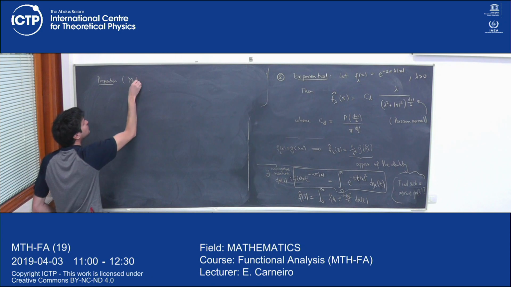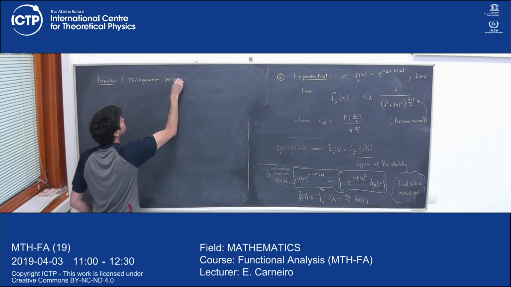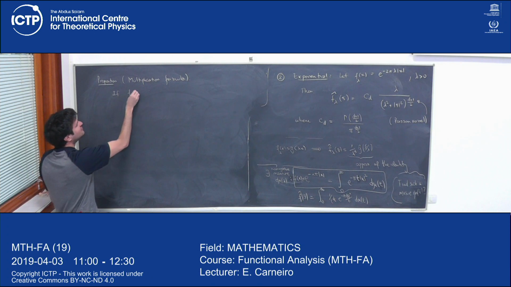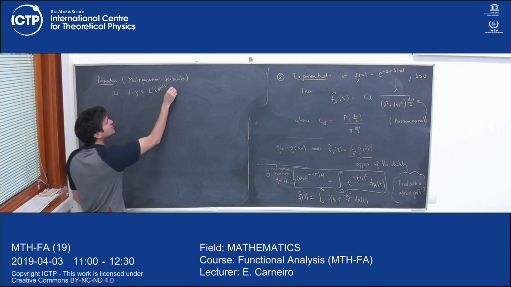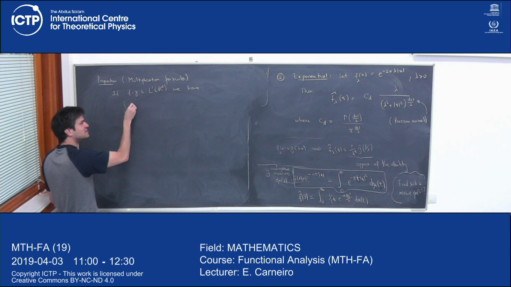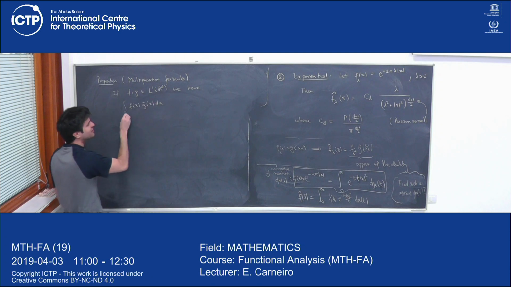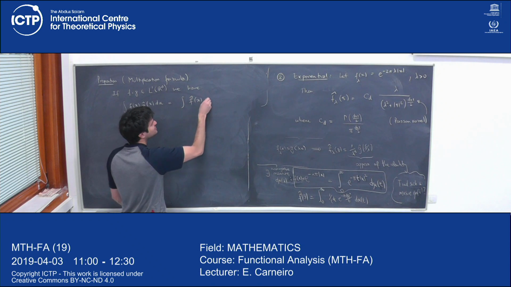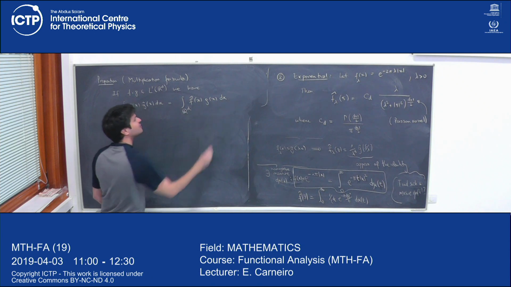This is called the multiplication formula, which is: if f and g belong to L1 of R^d, we have the integral of f of x, g hat of x, dx over R^d is equal to the integral of f hat of x, g of x, dx over R^d.